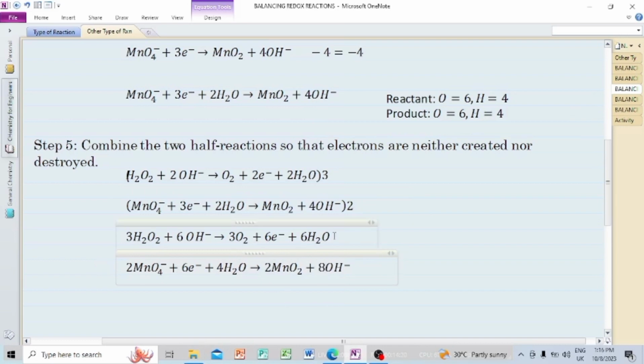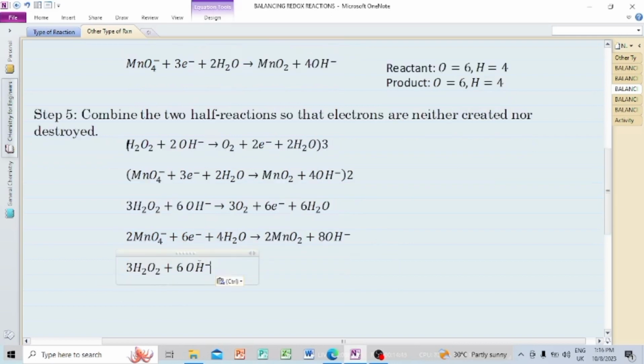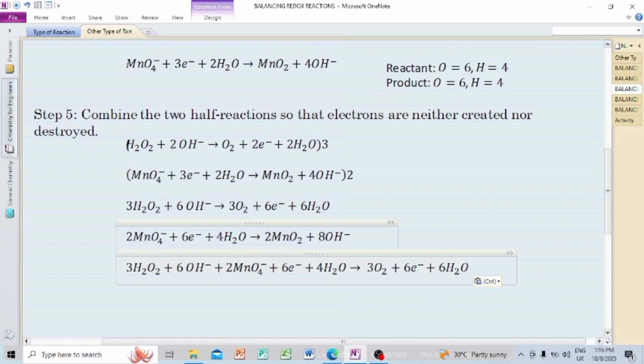So, after nating ma-balance yung electron transfer, we will recombine our half reaction. So, i-recombine lang natin yung nasa reactant and nasa product side. So, this will be our oxidation plus our reduction.